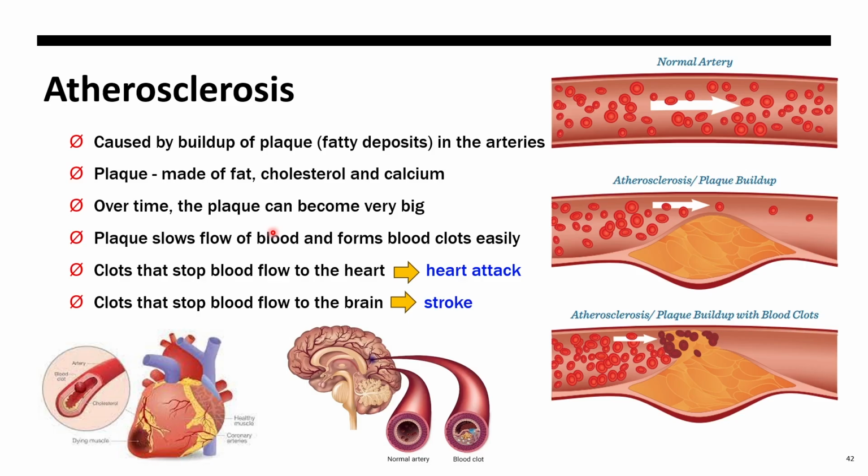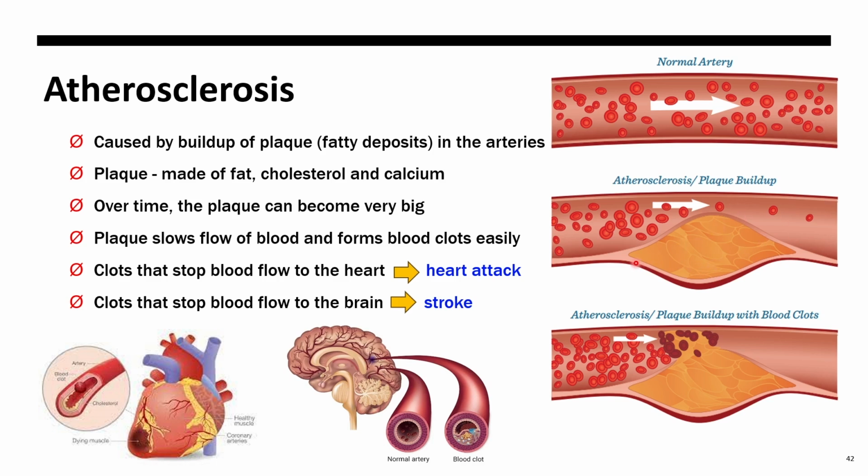So what is this atherosclerosis? How does this happen? You can see this is a normal artery where there is no blockage to the blood flow. But in persons with atherosclerosis, there is a buildup of fatty deposits in the arteries. These deposits are known as plaques, made up of fat, cholesterol and calcium.